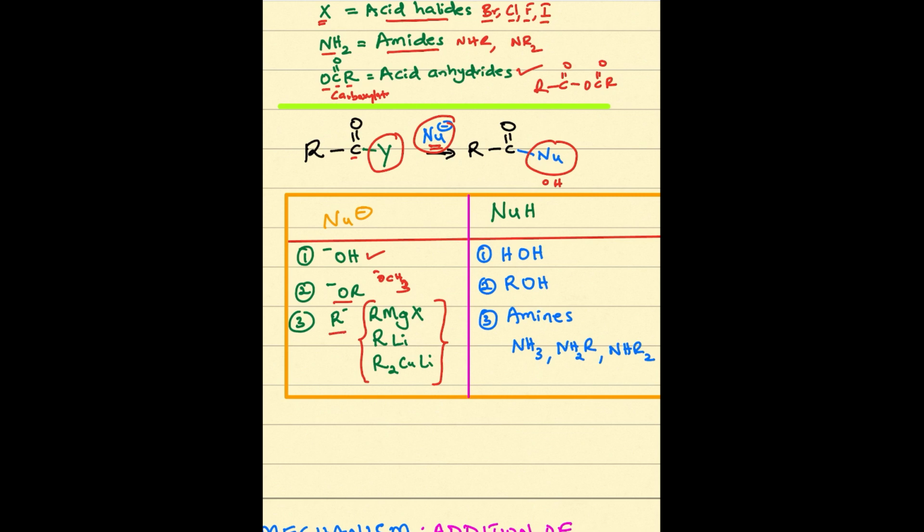You can use R minus, and with R minus nucleophile, it comes from Grignard reagents, so RMgX, remember X is bromine, chlorine, fluorine, or iodine, or alkyl lithium, or dialkyl copper lithium, that's a cuprate reagent. All of those will give R minus nucleophiles.